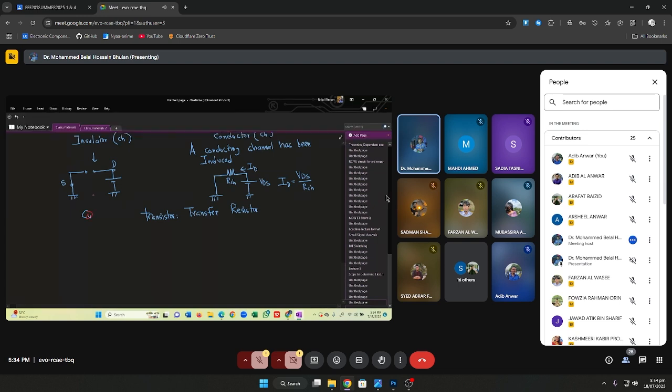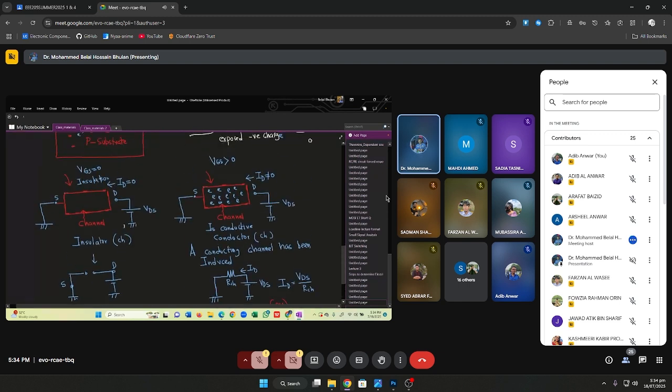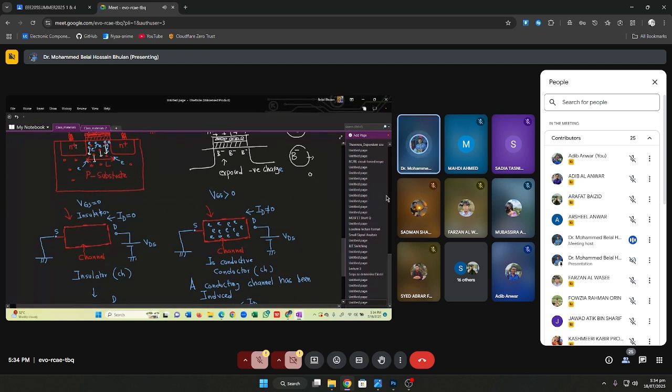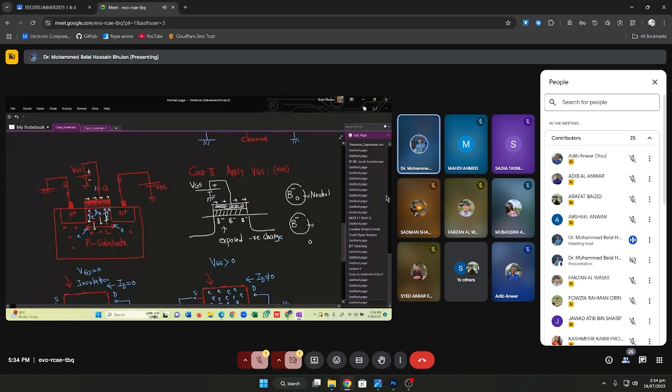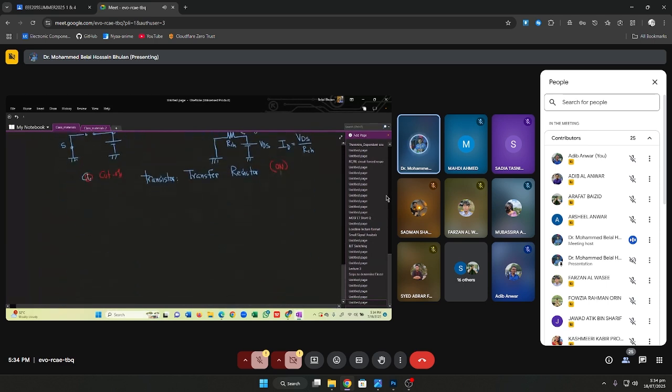Or this is our on situation. So by applying gate voltage, I managed to conduct current from source to drain. Gate voltage is like a key. That's a very good analogy of this.